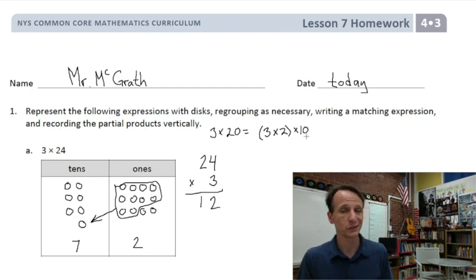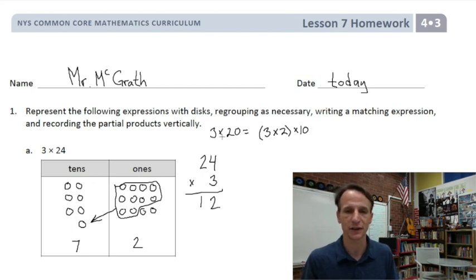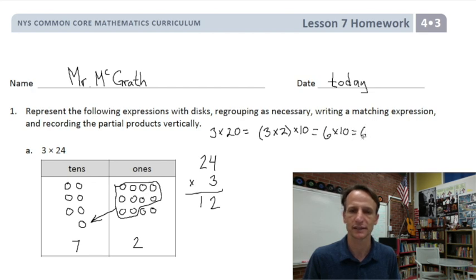And this is what we'll be doing in each one of these, but we're going to be doing it in our heads, not writing it out every time. And so this is what allows us to say, oh yeah, 3 times 2 is 6, and then multiplying that by 10 is 60.